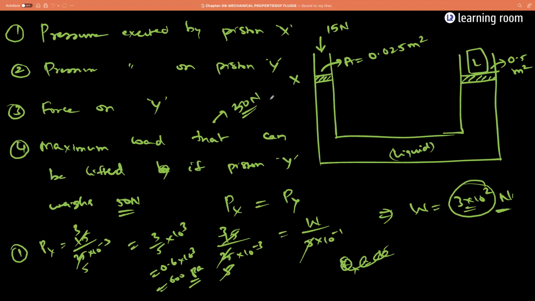Now, diameters of the smaller piston and larger piston are 1 centimeter and 3 centimeter respectively.